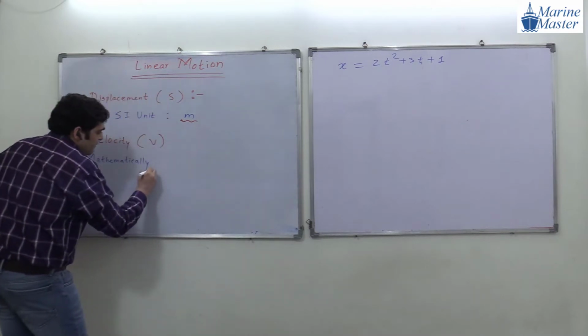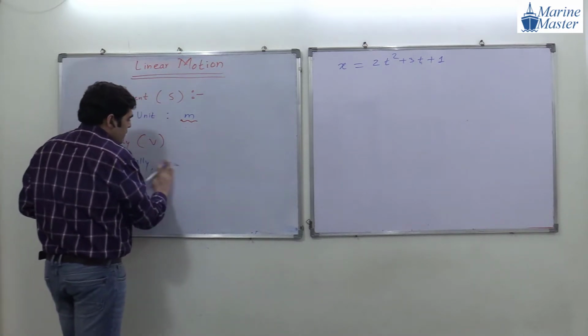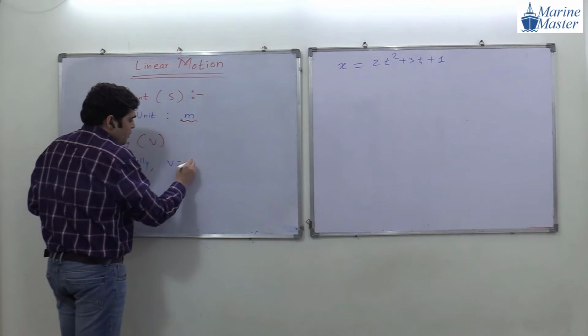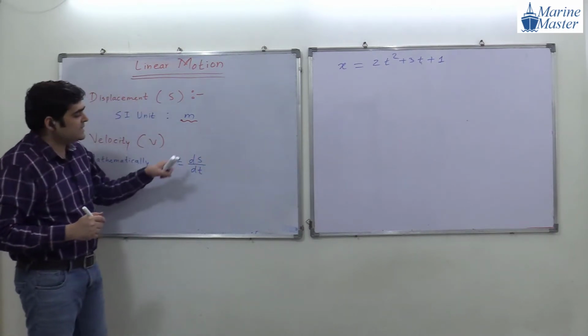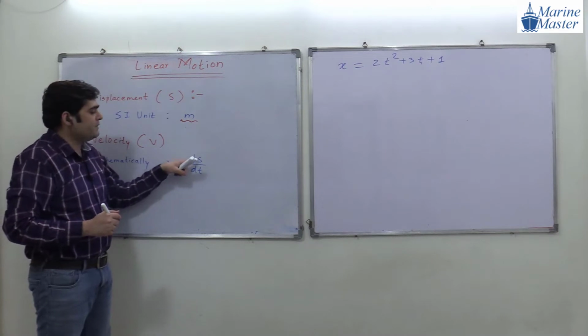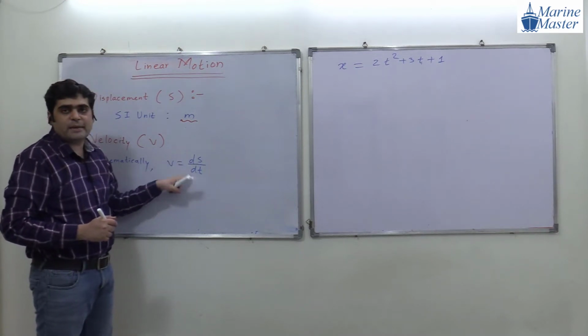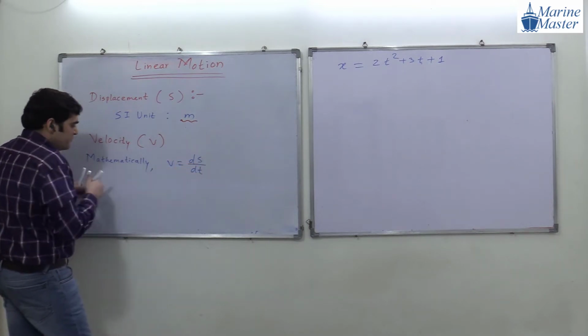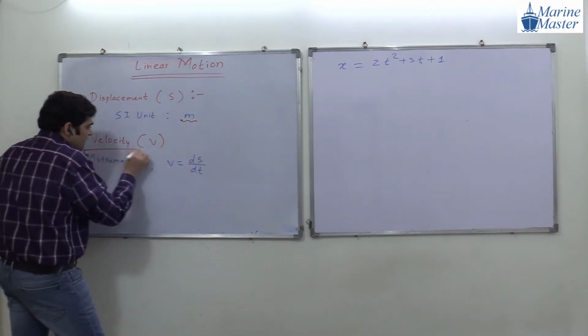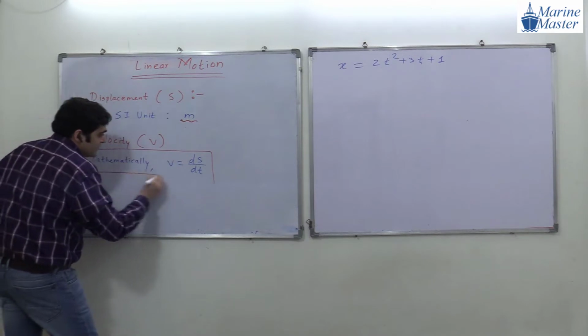So mathematically velocity is v equal to ds by dt. Here s stands for displacement, and ds by dt means derivative of displacement with respect to time. This is the mathematical definition, guys.